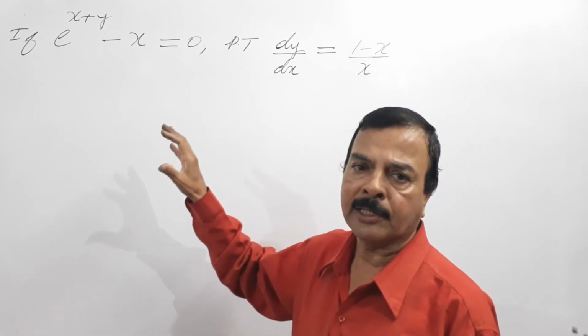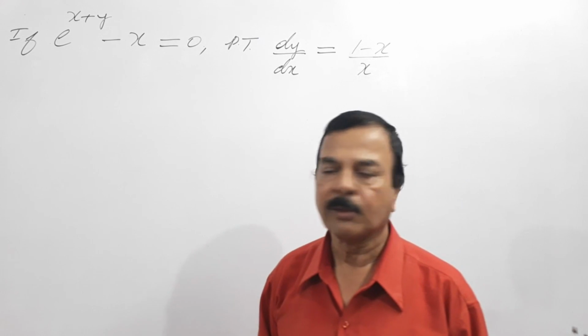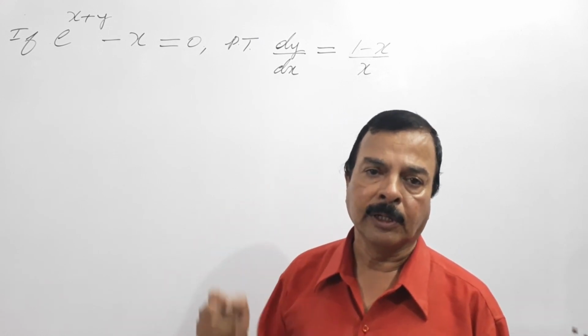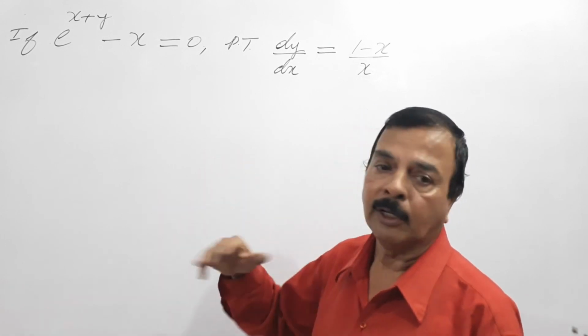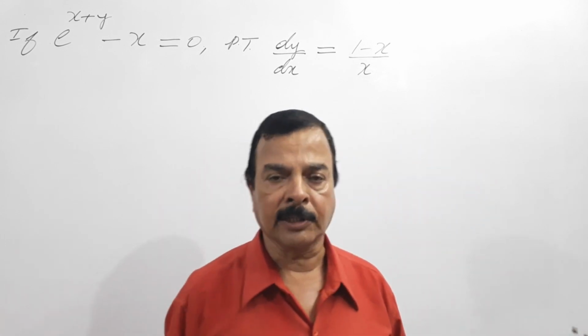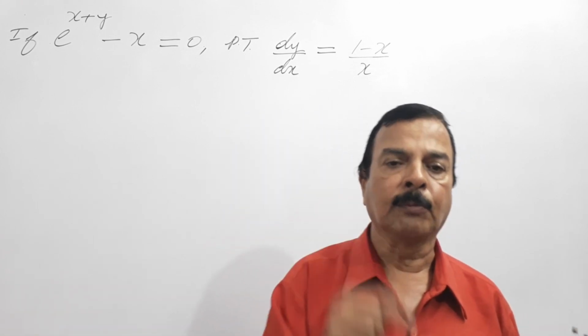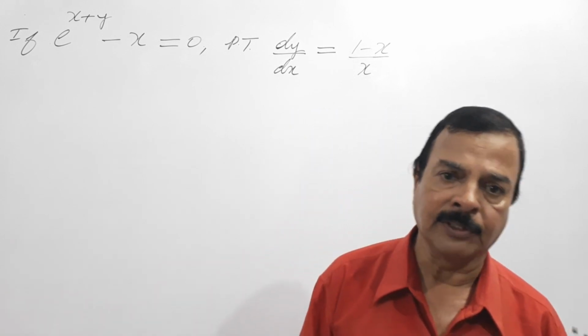So let us consider this to be the last problem from implicit functions. If you want more problems, make a comment and I will do it. Otherwise this is sufficient for you. Next we shall go either for successive differentiation or partial differentiation, whichever you want; put it in the comment section.